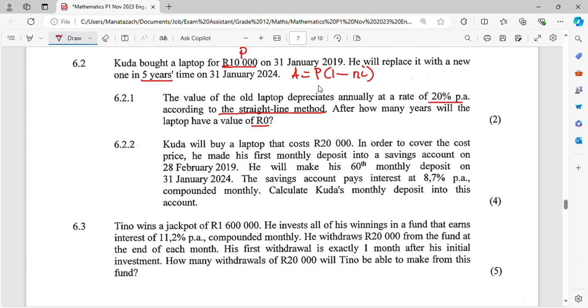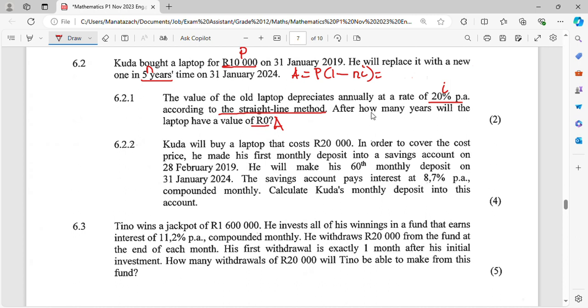So in this case, we need to identify, we've already said that is our P, and then we've got 20%, so 20% is our I, the 5 years is our N. So now we are expecting that in 5 years this A would have depreciated to 0 rands.